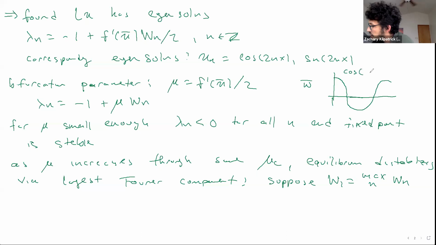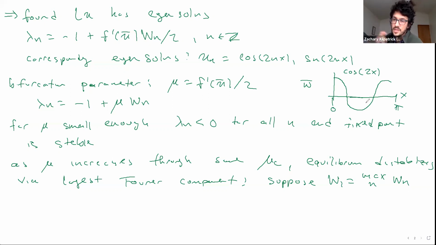So cosine of 2x in this case, okay? And this just says that neurons that are close together are going to excite one another, and they could be close to, you remember this is a periodic network, and so over here is close as well. And then neurons that are far away from each other, they suppress one another, okay?